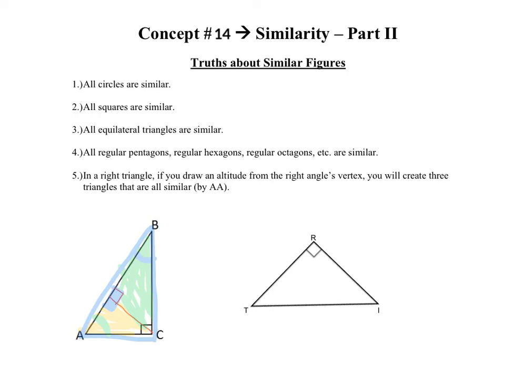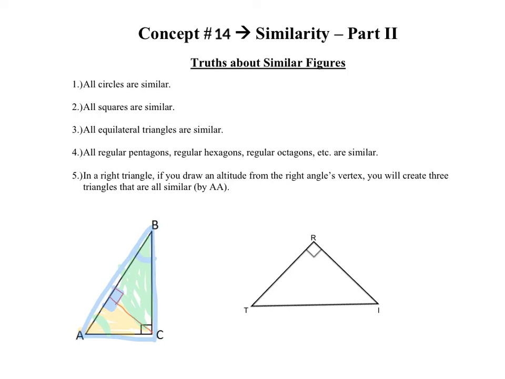They each have a right angle and they each share angle A. And so if the big triangle is similar to the green triangle, and if the big triangle is similar to the yellow triangle, then the yellow and the green must also be similar because of basically the symmetric property. So anytime you draw in an altitude from that right angle's vertex, you will get three triangles that are similar. It's a really neat phenomenon that happens.